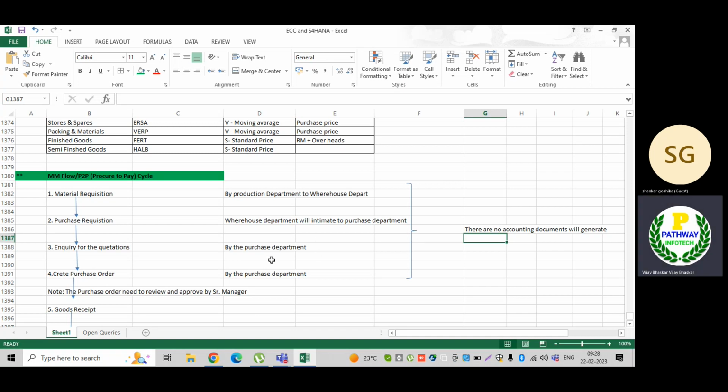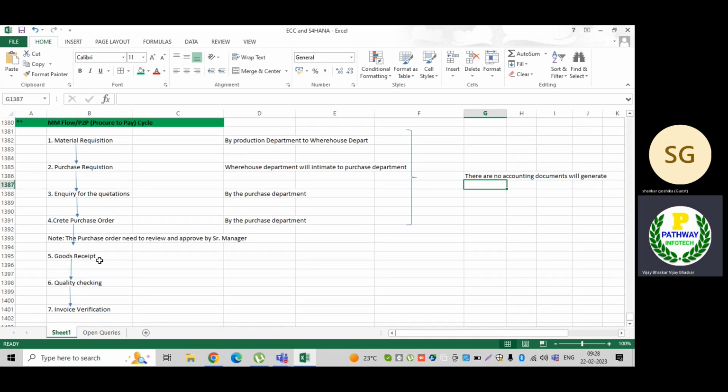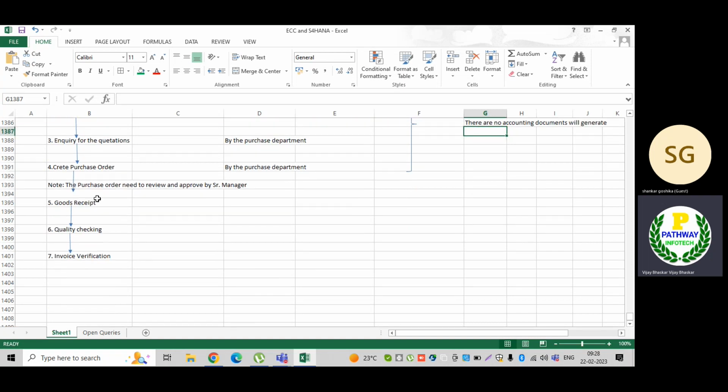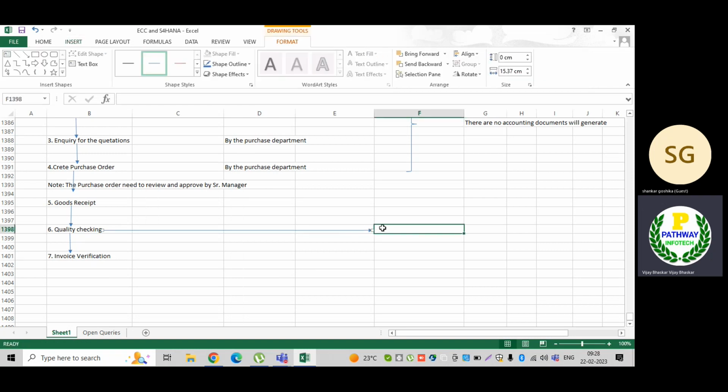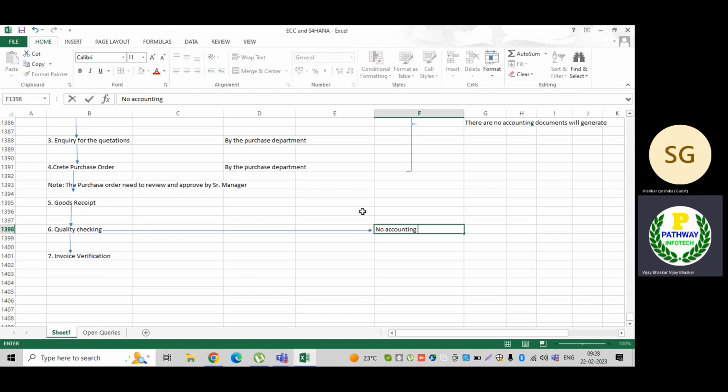Remember, once the goods receipt will happen, then the accounting entry will start. And quality checking also will not have any accounting entry, because this is the practice the organizations are following. No accounting entry for QA checking. Then for goods receipt, we will have the entry.